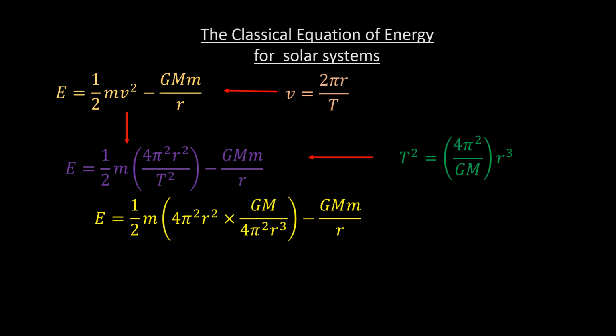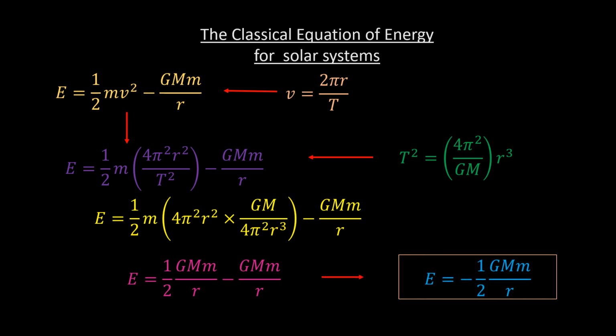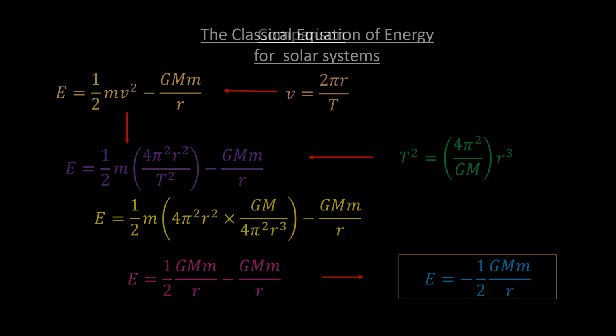When you simplify the bracket, you get the following purple expression. Half of GMm on r minus GMm on r gives minus half GMm on r. So you see that the total mechanical energy of an orbiting electron or planet is minus half its potential energy.